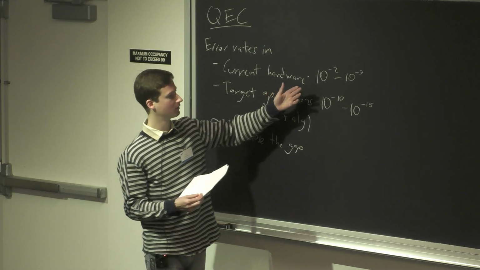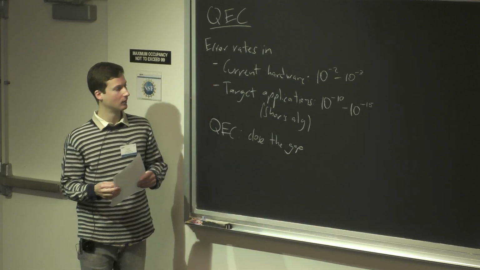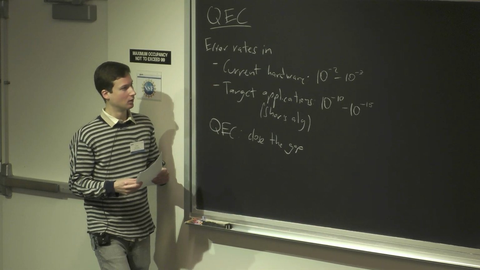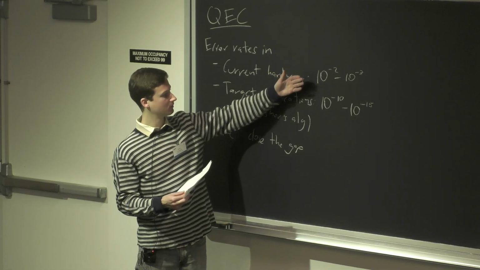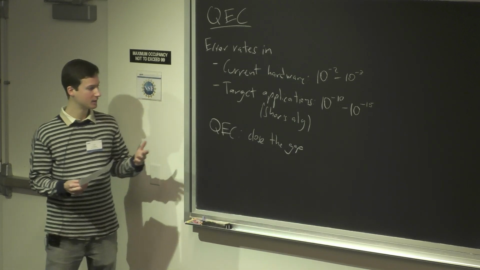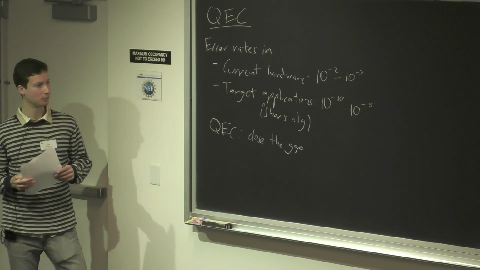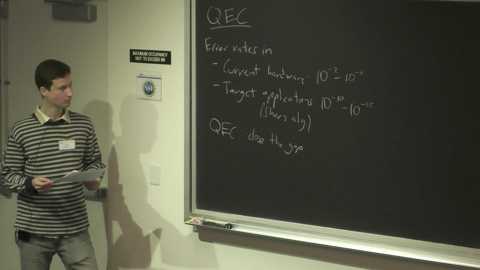Hardware that maybe has an error rate of 10 to the minus 3 or maybe 10 to the minus 4. Quantum error correction is all about using hardware at this level to perform computation at this error rate. And it really seems like it's probably necessary if we ever want to realize the potential of quantum computation.